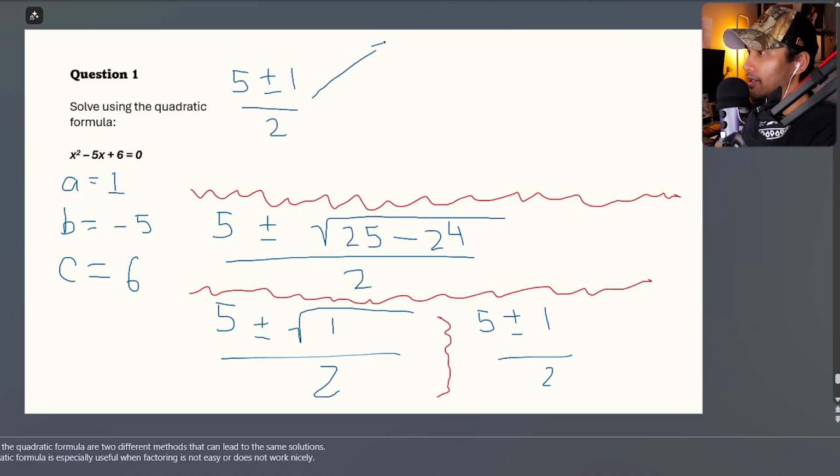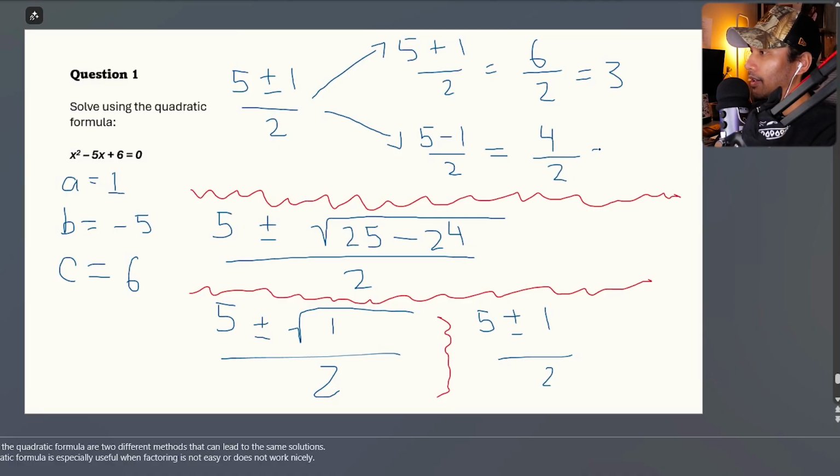I would go like this, right? And I would go 5 plus 1 over 2 equals 6 over 2, equaling, what is 6 divided by 2? That is 3. And then I would put an arrow like this and do 5 minus 1 over 2 equals 4, right? 5 minus 1.